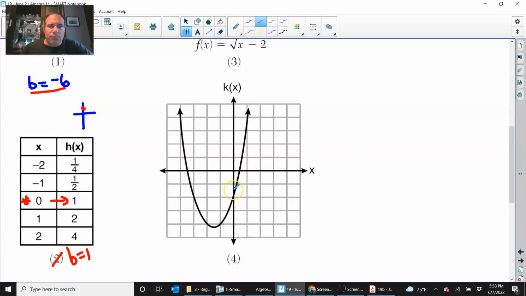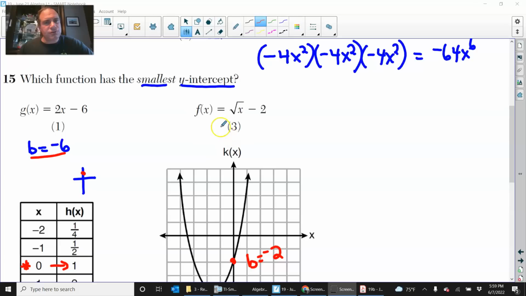All right, so I'm going to go right to the graph here. This is the y-intercept. It crosses the y right there. That is negative 2. And that's out. Just to make sure, taking a look at number 3, I'm thinking that this is the y-intercept.